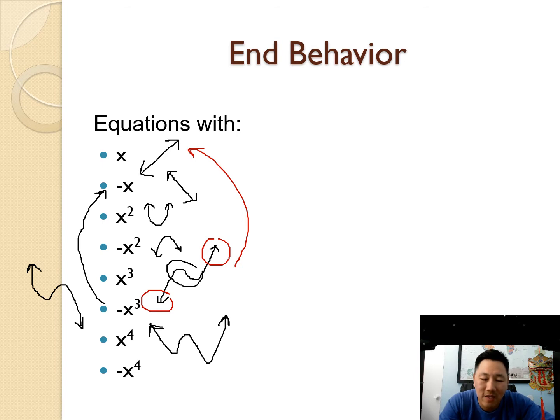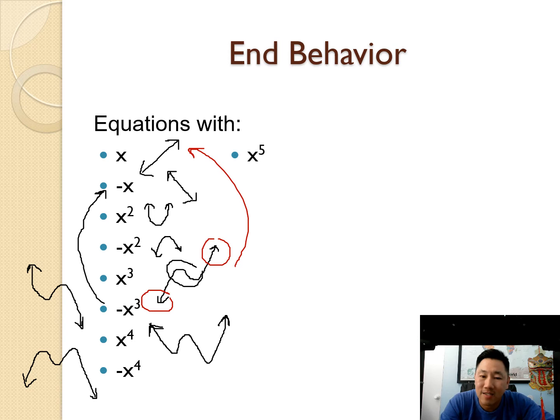Negative x to the 4th goes down. Both sides down. And then if you've noticed, every time I add a number to the exponent, there are more inflections. And yes, the number of inflections does relate to the number of times the graph changes direction.